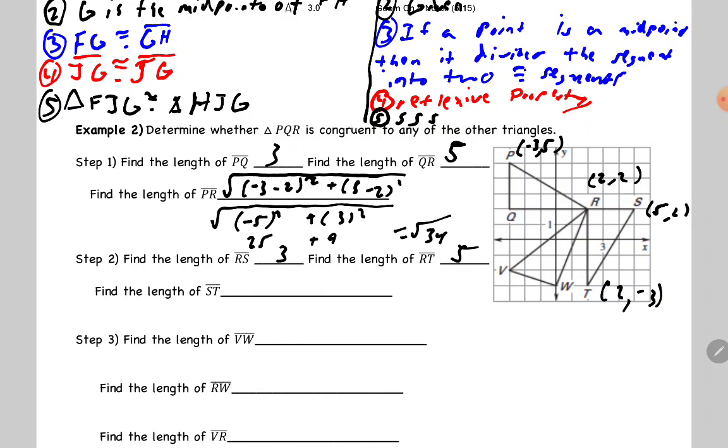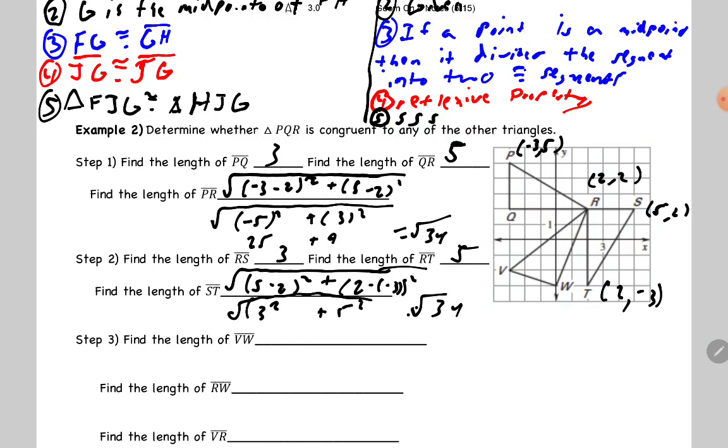Okay, let's see if we get the same thing. So square root 5 minus 2 squared plus 2 minus -3 squared. So I'll get 3 squared and 5 squared again. So that'll be the square root of 34.